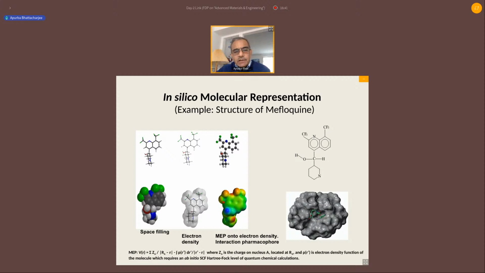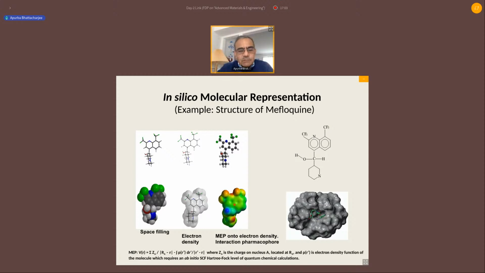And there is another, so we see that there are two hydrogen bond acceptor sites in this molecule. There is one very distinctly hydrogen bond donor site and a large hydrophobic site. So these are the main electronic features we identify from this molecule, and this is called the interaction pharmacophore of this molecule.